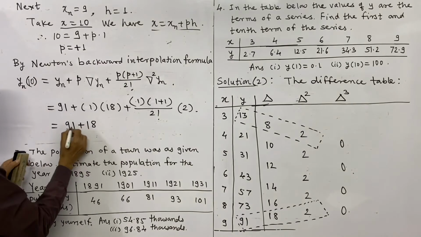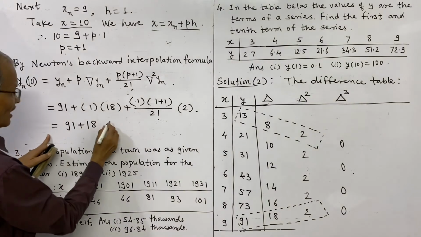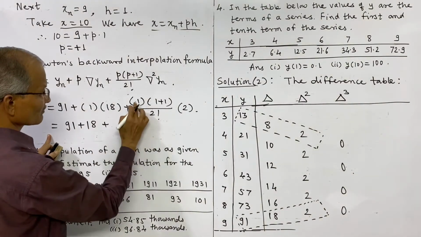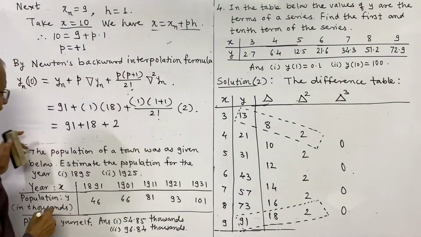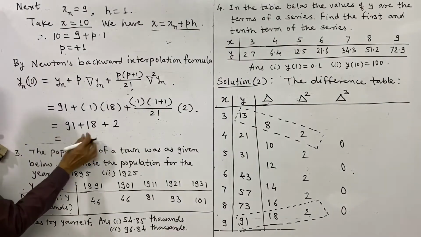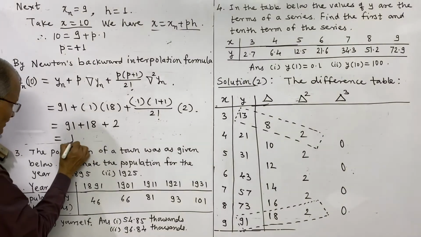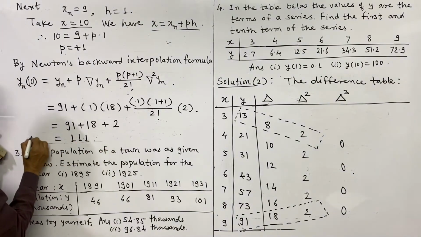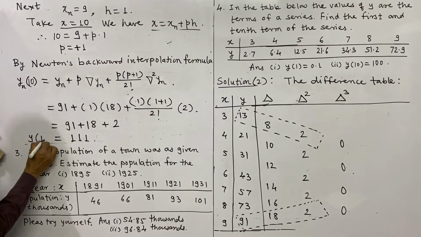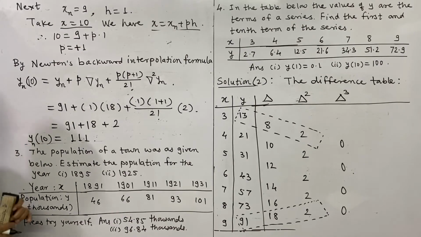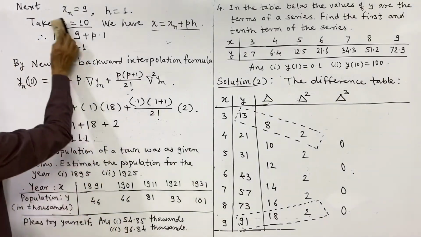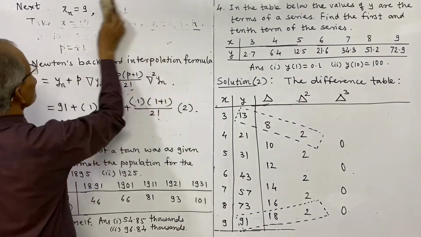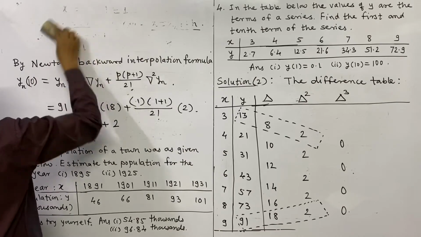This is 91 plus 18, and this 2 cancels, 1 into 2, that is again 2, and thus 20 plus 91 is 111, and this is the value of y at 10. So the 10th term of the series is 111. Thus we have obtained the 10th term of the series.